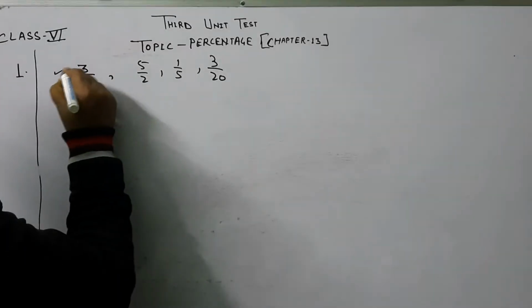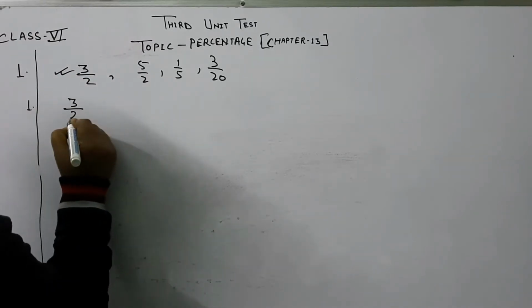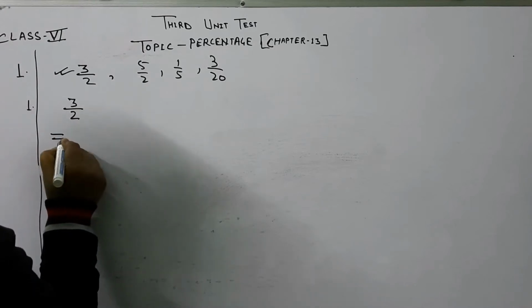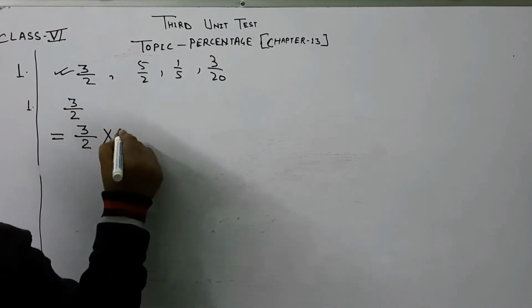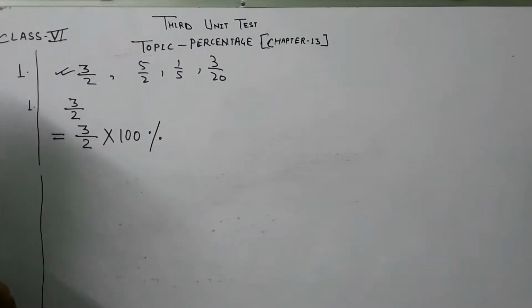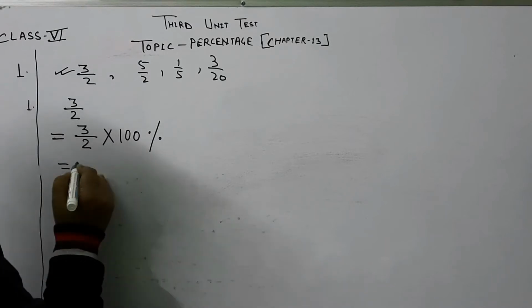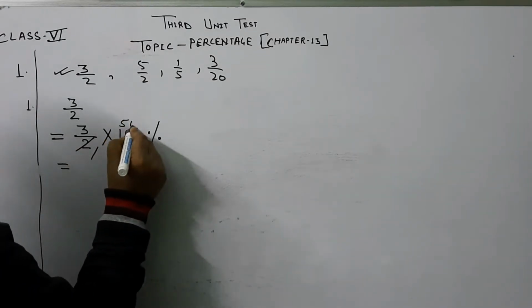So students, take the first question. What is the first question here? 3 by 2, and you have to convert this fraction into the percentage. So what do you have to do? You have to write this fraction 3 by 2, multiply it with 100 and put the sign of the percentage. After writing this, reduce the number: 2 ones are 2, 2 fives are 10, 2 zeros are 0.